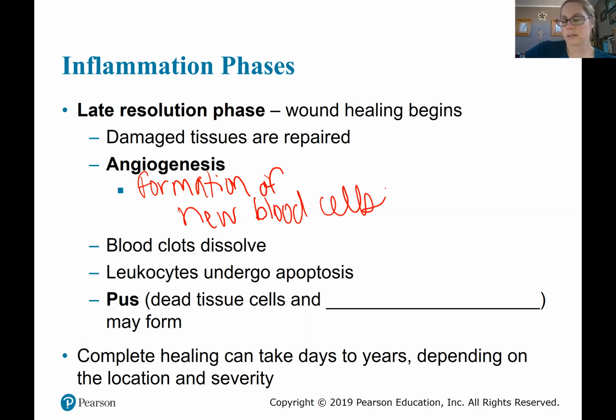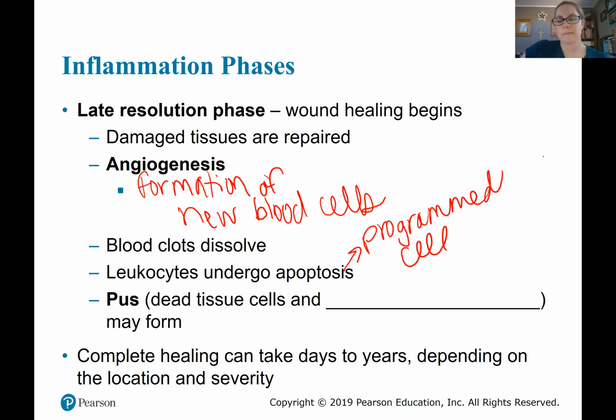The blood clot will dissolve. Leukocytes undergo apoptosis, which is programmed cell death. The extra leukocytes that were called, they're not needed anymore, so they'll undergo cell death.